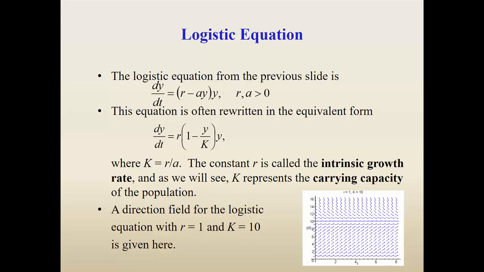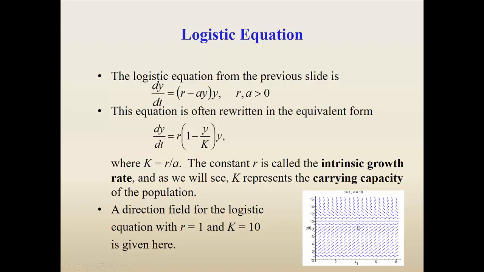Plug this in and factor out an r, and we get what's known as k, which is r over a. And if r is considered the growth rate, k is represented as the carrying capacity. It's that stable population value. So on your direction field, you'll see this as a straight line, straight across, and the populations are all pointing right to it.